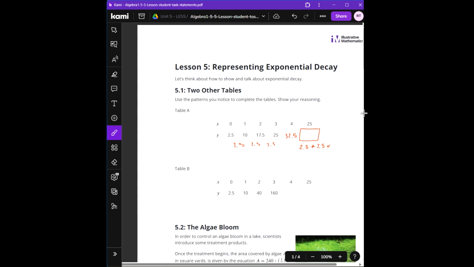Okay, and so when this is 25, we can go ahead and write that as 25 times 7.5. Okay, we're going to get that answer, and then we're going to add 2.5 to it.